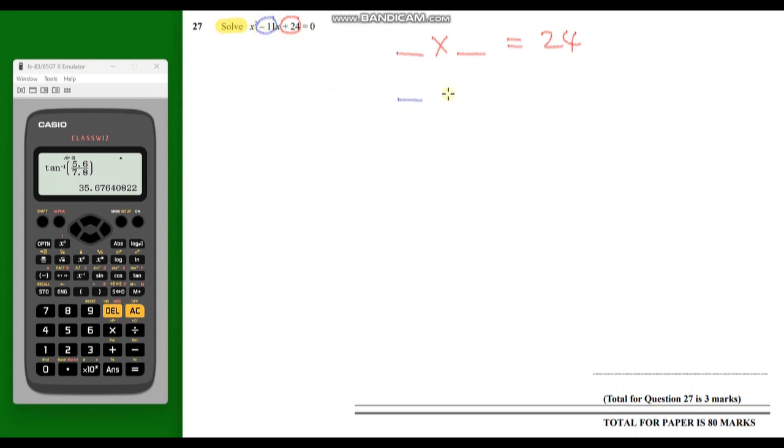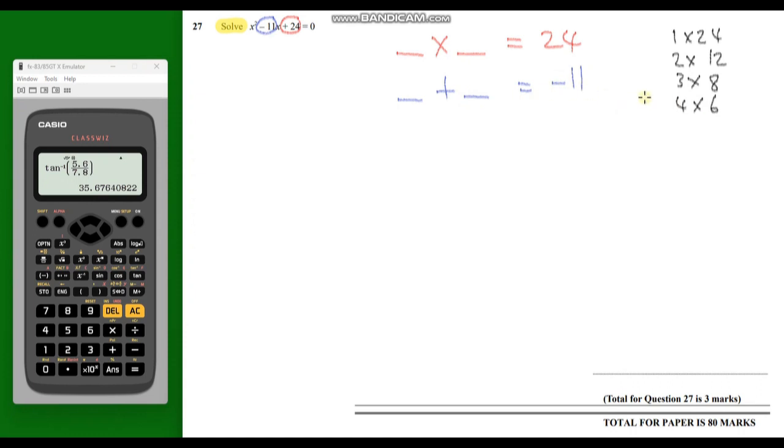So something plus something equals negative 11. So what two numbers are they? Well, if we think about all of the factors of 24, we could have 1 times 24, 2 times 12, 3 times 8, or 4 times 6. So which of these pairs, when we add them together, would get negative 11?